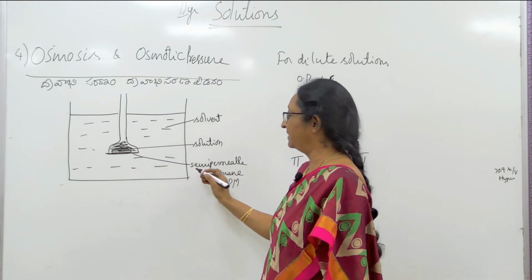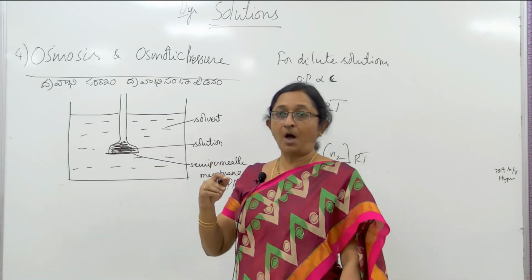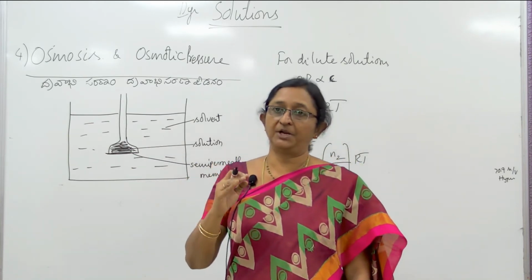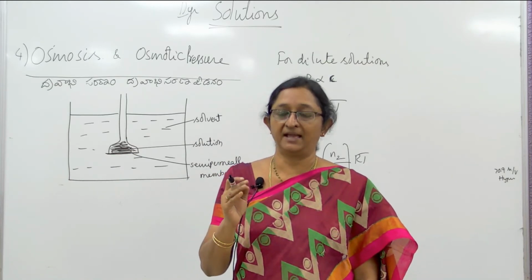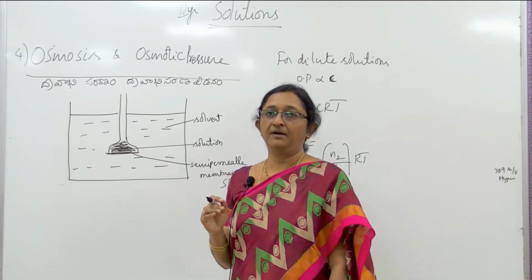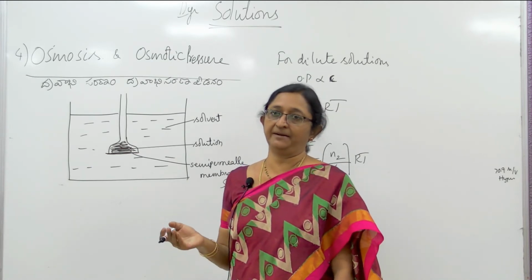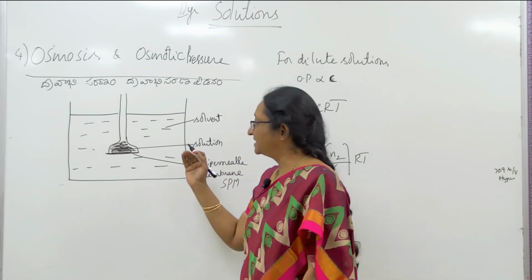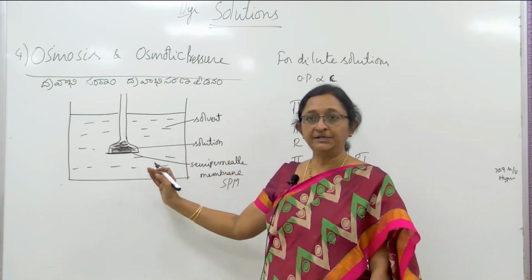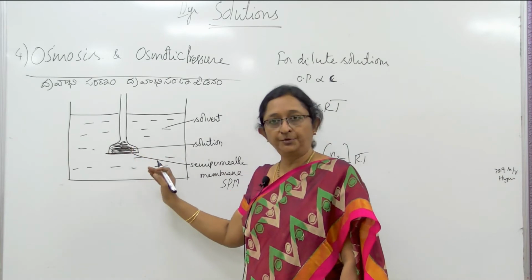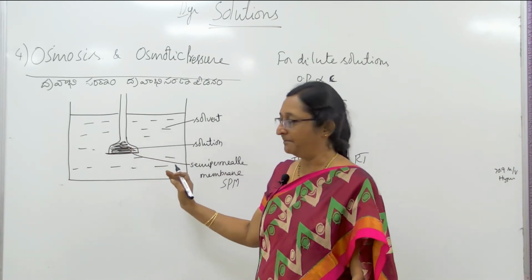Now let us assume, in this diagram, I have taken a thistle funnel. In this one, I have taken the solution, which is kept in the beaker containing solvent. So here is the passage of the solvent molecules into the solution through the semi-permeable membrane.